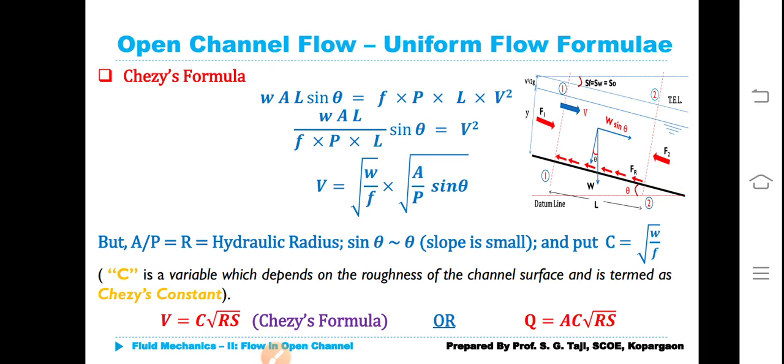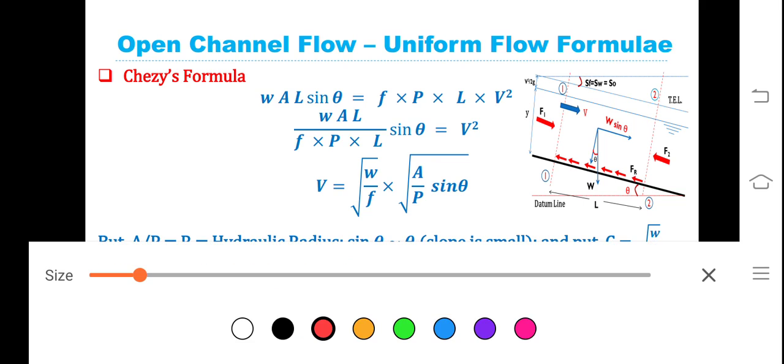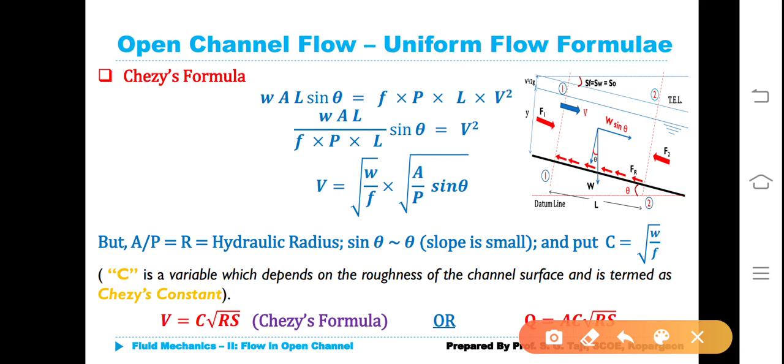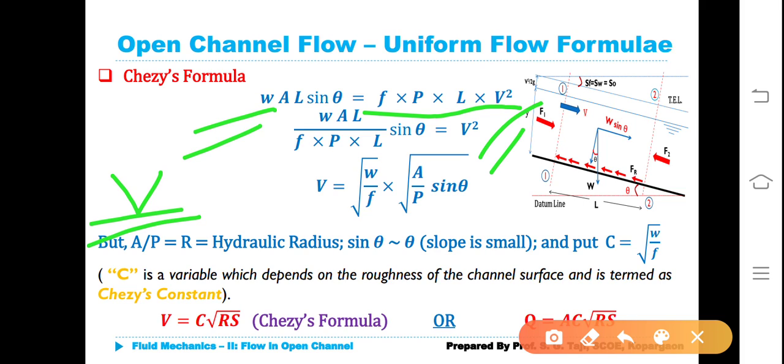Therefore, we can write w A L sin theta is equal to small f P L V squared. If you rearrange and rewrite, we get V squared. Our aim is to get the value of velocity by Chezy's formula, velocity V in meters per second. Therefore, V squared can be written equal to w A L divided by f P L multiplied by sin theta.